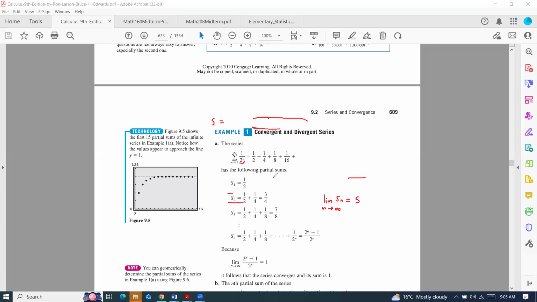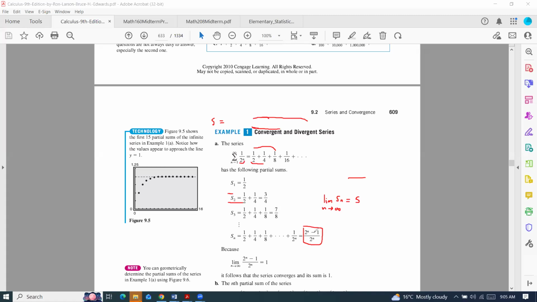And if we look at the partial sums, so if you add a part of this, first two, you get 3/4, and then you add more terms, you get 7/8, and so forth. And eventually they saw that once they start to add these pieces, you end up with 2 to the n on the bottom, and on the top is 2 to the n minus 1.